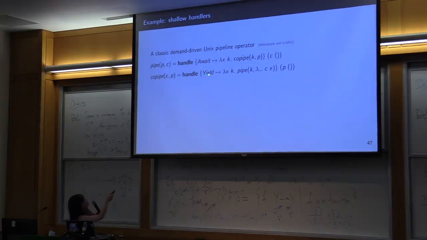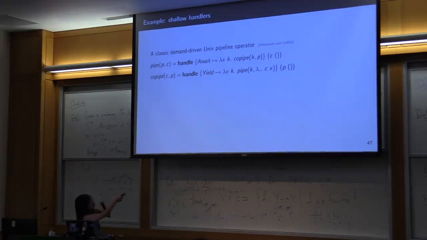If you want to run this consumer program, the consumer could say, I want some resources now, so I'm going to call await. If you call await, then the control is transferred to the producer, because until the producer produces something, you cannot continue your program. Then you run the producer program, and it can call the operation yield.